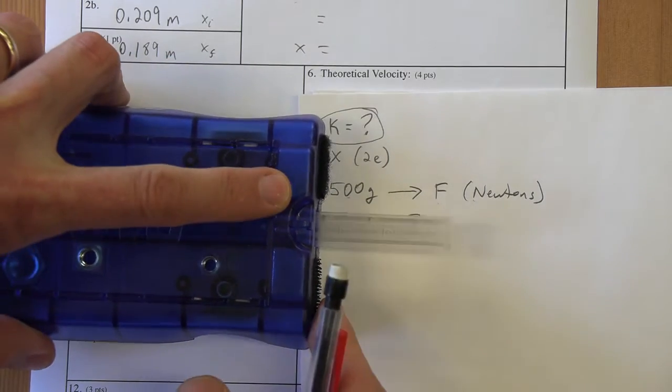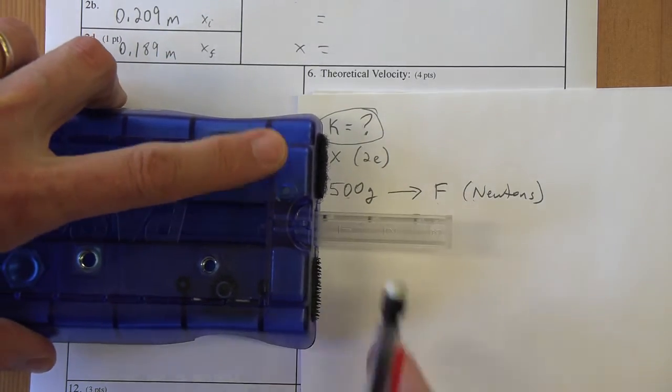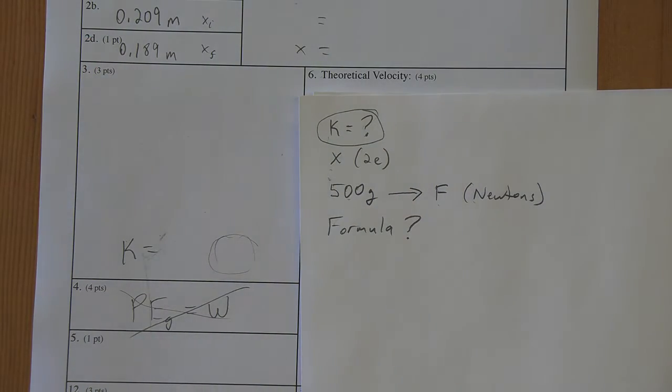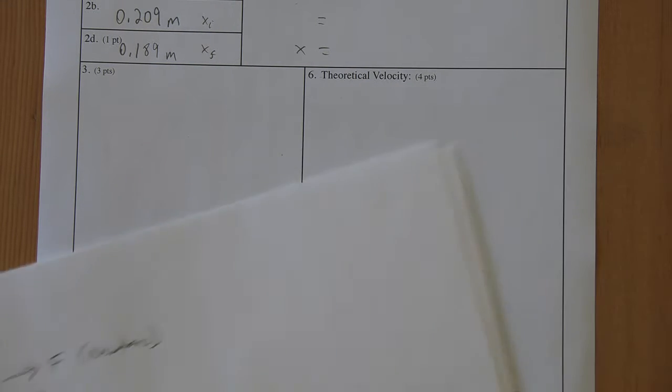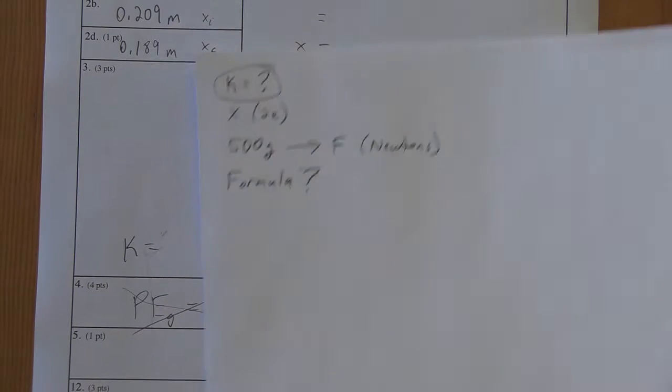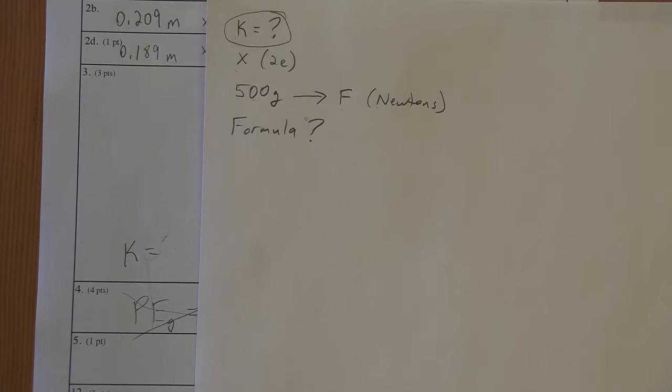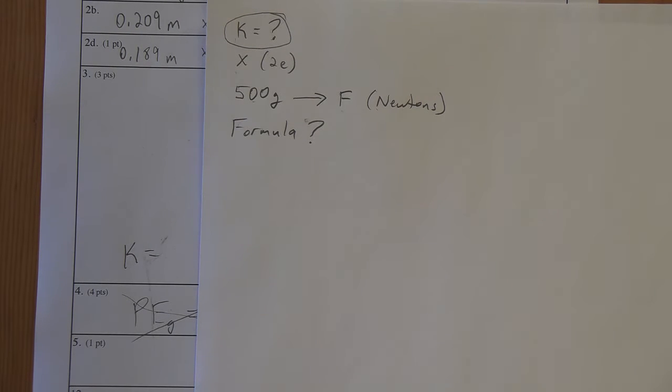So we've got to find the spring displacement for this spring pushed all the way in. So what I need is my ruler again, which I seem to have misplaced. Okay, under the track. There it is. Found its way under the track.